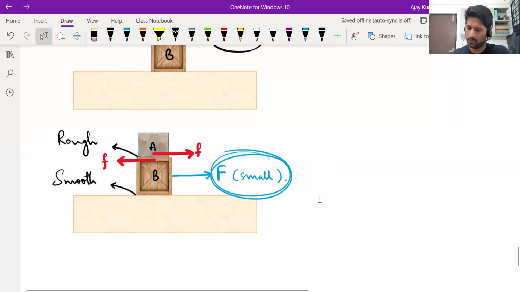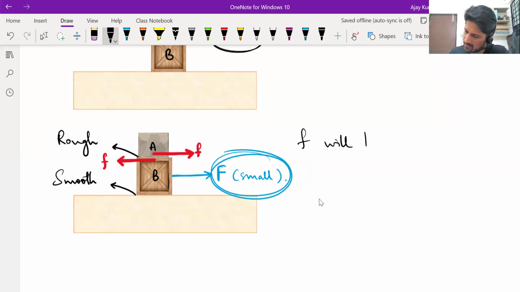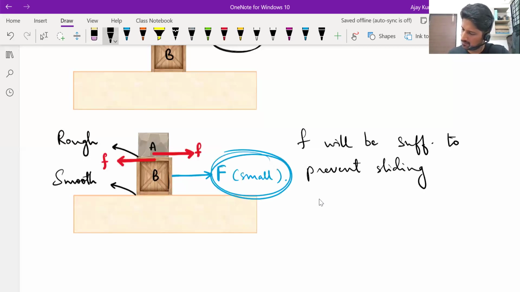So under the influence of a small force, friction will be sufficient to prevent sliding, and the blocks move together.